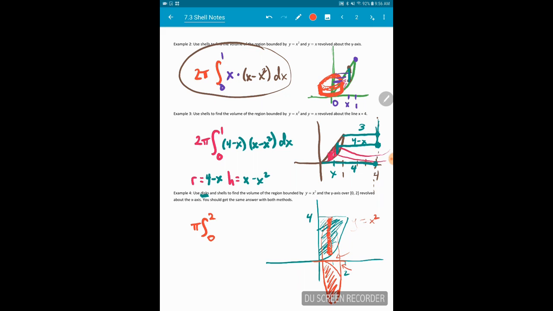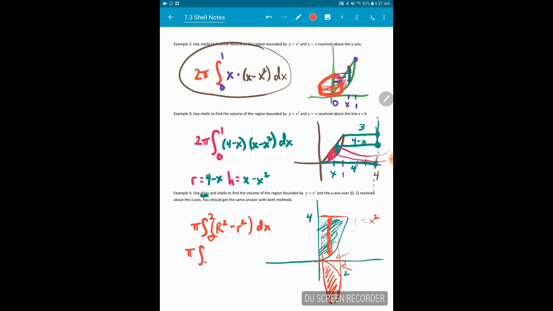But as I sweep that out, I figure out that I actually have a big R and a little r that I have to take care of. So my big R is 4. The radius of the line from 4 down to 0 is always 4.